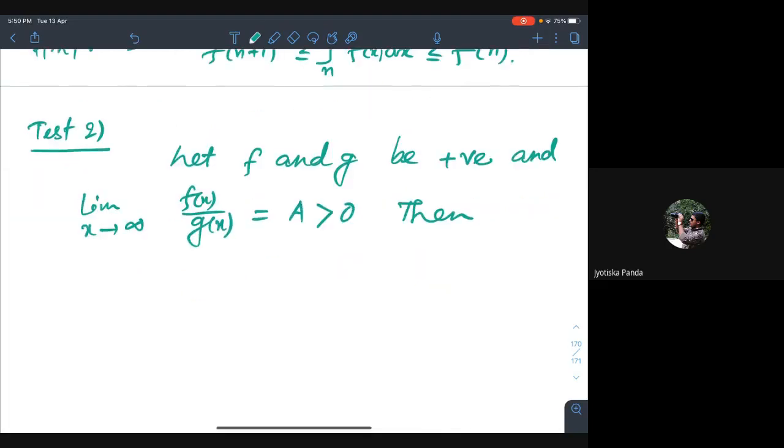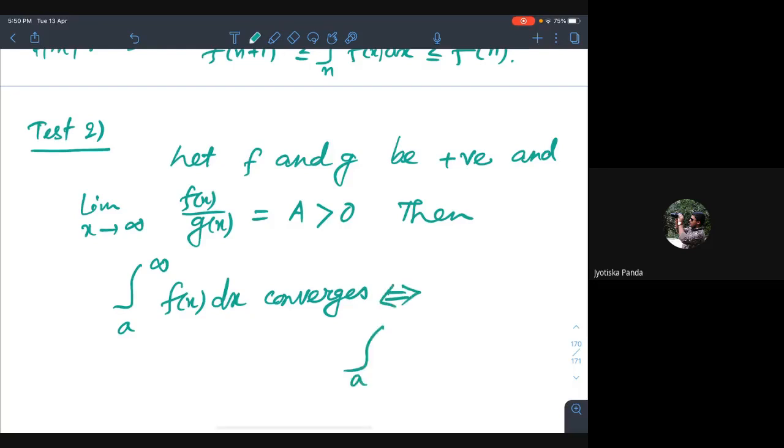Then the integral from a to infinity of f(x) dx, which is of course Riemann integrable on a to n for every n, converges if and only if the integral from a to infinity of g(x) dx converges.